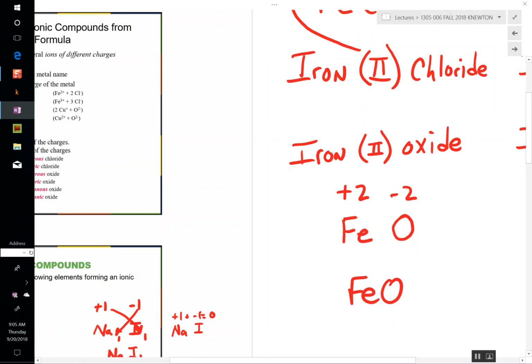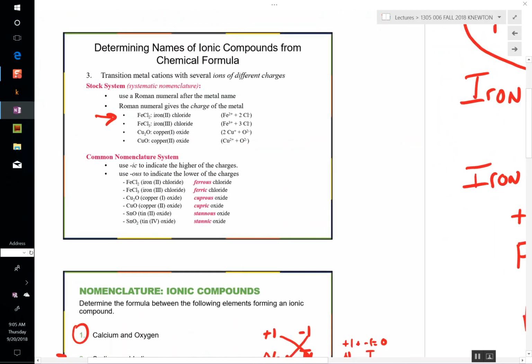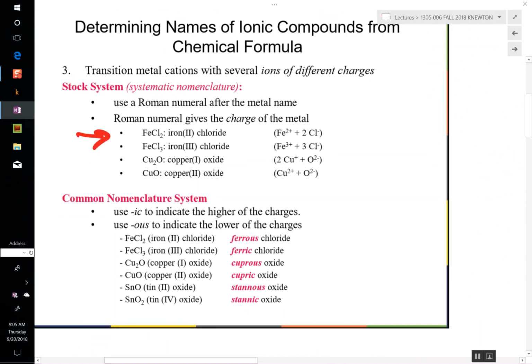So let's go back over this slide. You see here, there's your iron 2 chloride, FeCl2, iron 3 chloride, FeCl3. Copper can be a +1 or a +2.